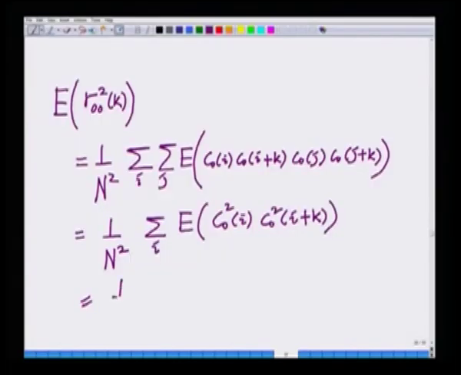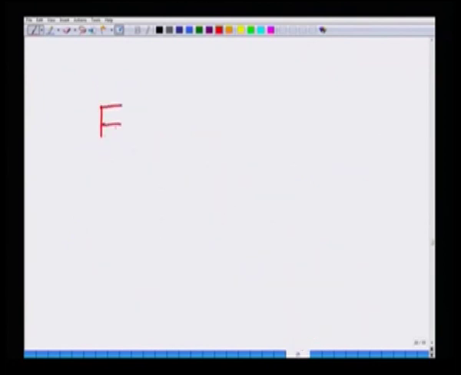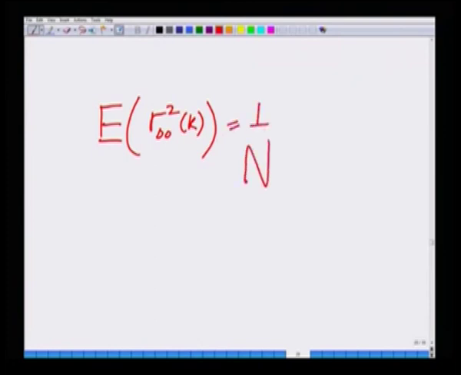So, this becomes 1 over n squared summation of 1, which is essentially n over n squared, which is 1 over n. Hence, expected R_00 squared of k is 1 over n.